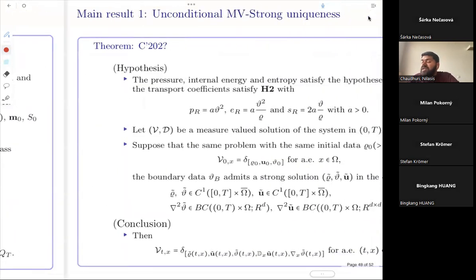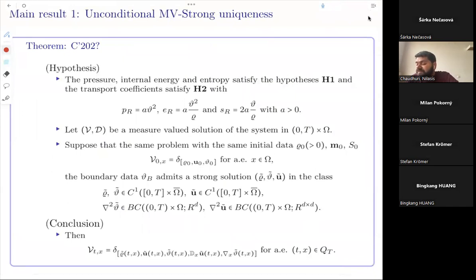The next result is a much more unconditional result. In this case, we say that instead of the standard radiation pressure of the Stefan-Boltzmann law, we consider this Latimer law, which has theta square, which is not good, but in some modeling of astrophysics, this kind of form of radiation pressure comes.